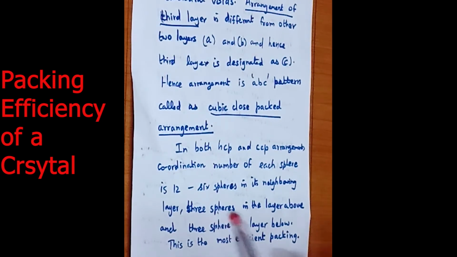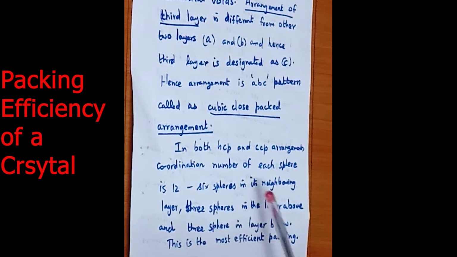Spheres ன்னு சொல்றது எல்லாமே arrangement of the constituent atoms or molecules in the crystal. அப்ப spheres என்னதுன்னு நினைச்சிராத. So 6 spheres are nothing but the arrangement of the atoms or molecules in a particular row, in a crystal. So the coordination number is 12, where 6 spheres in the neighboring layer, 3 spheres in the layer above, and 3 in the layer below.